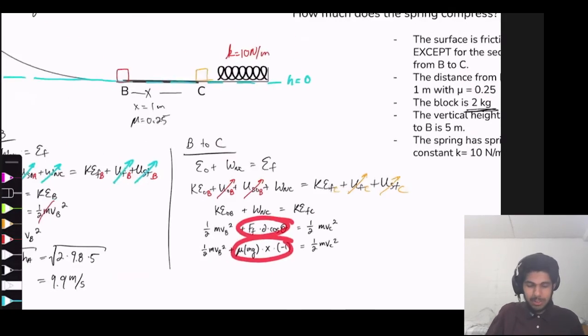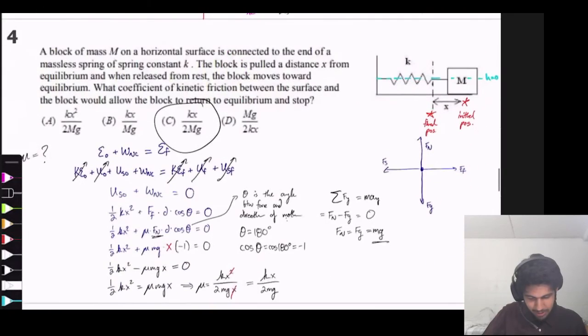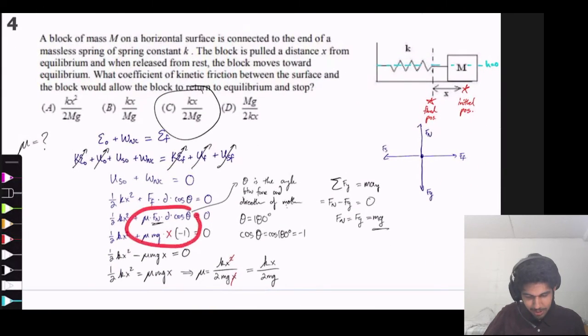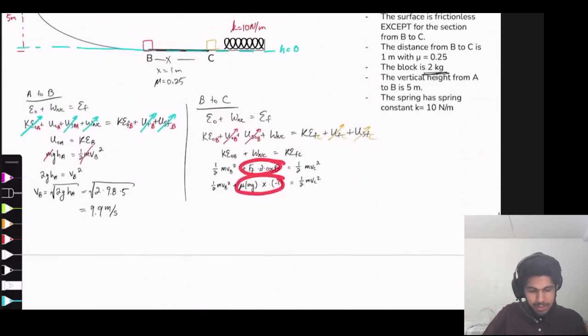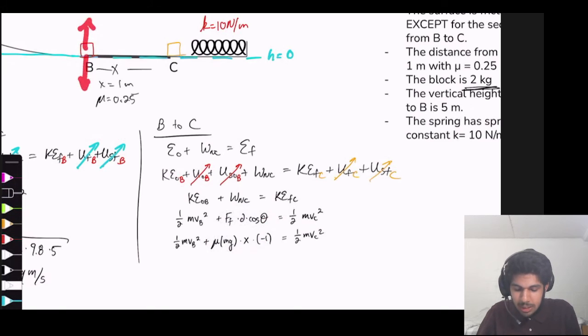And if you're still confused about why that's the case, we did something very similar right here. You'll notice that this is exactly the same thing. The reason for this is friction. We know that's equal to mu times F sub n. If we draw the free body diagram from B to C, we have Fn pointing upwards, we have Fg pointing downwards, we have friction pointing this way.